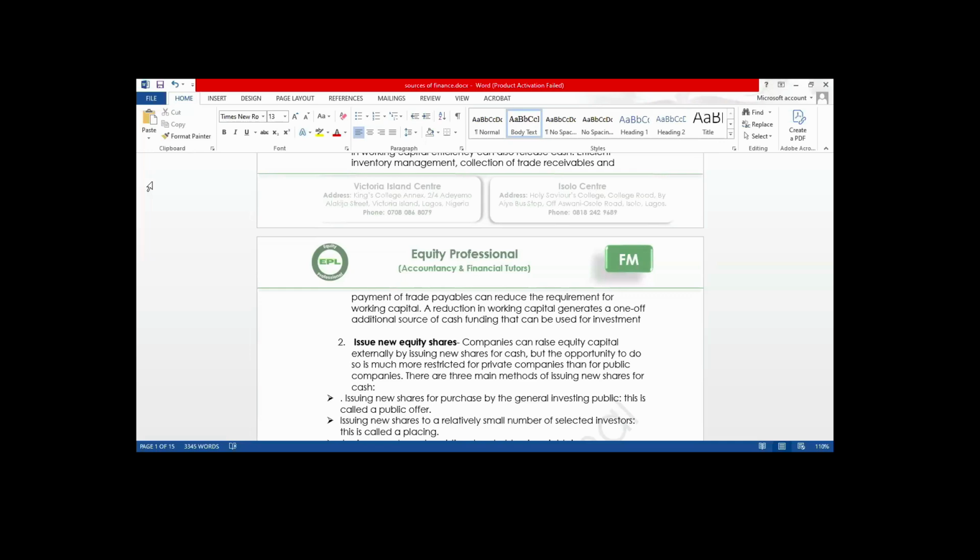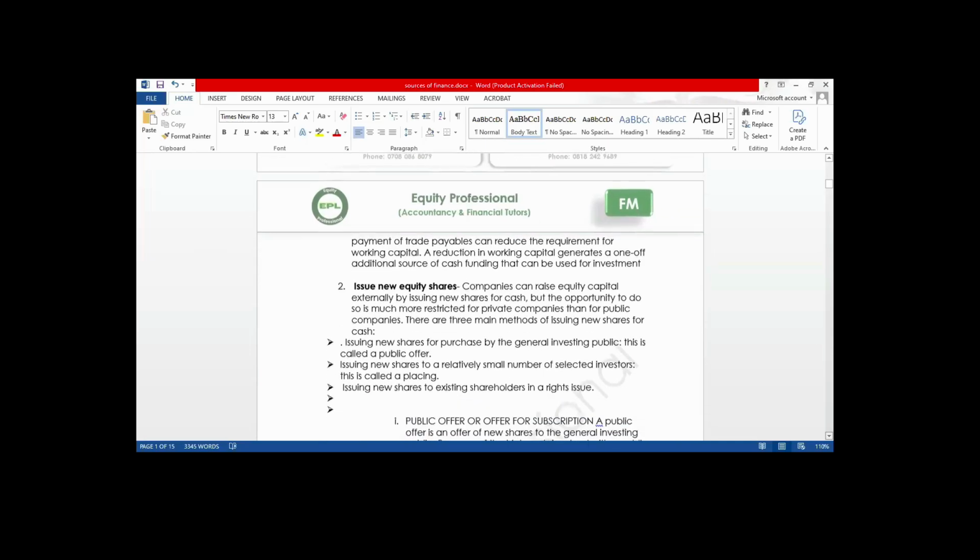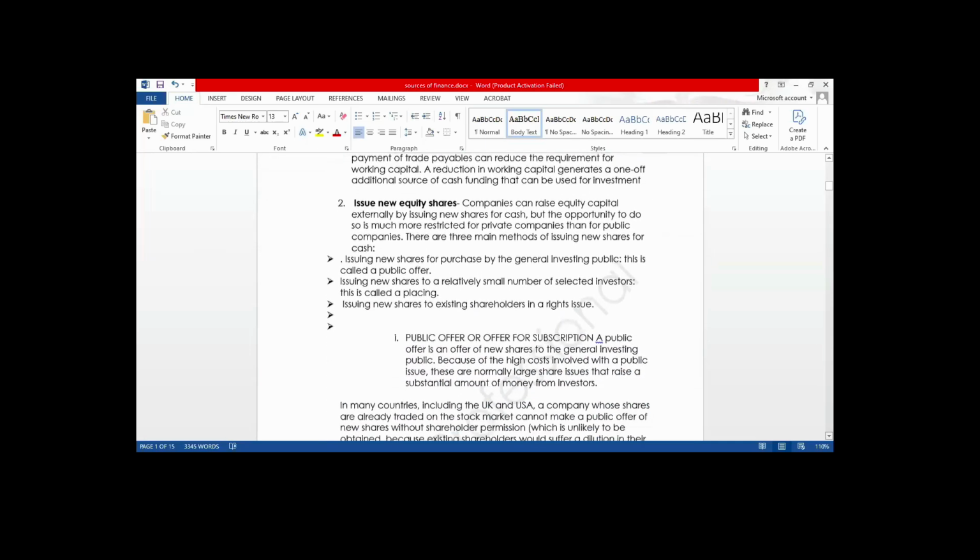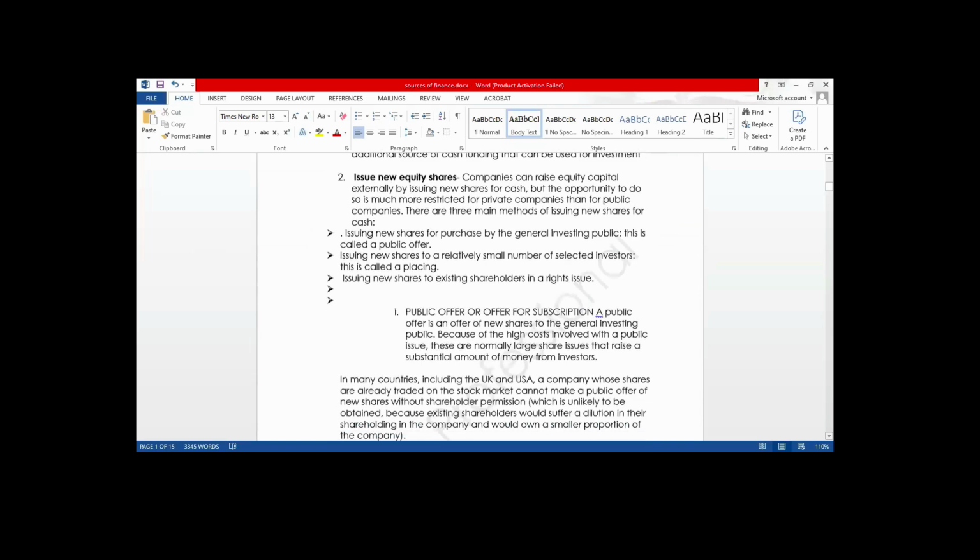There are 3 ways companies can issue new shares with the objective of raising additional finance or sourcing finance.